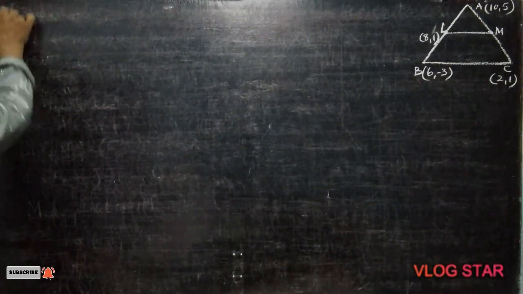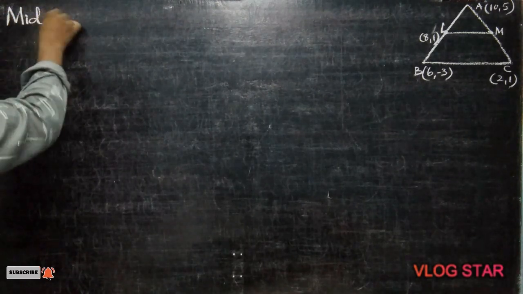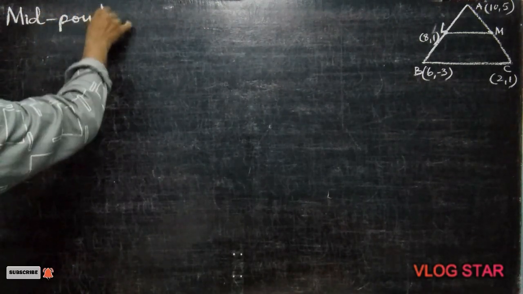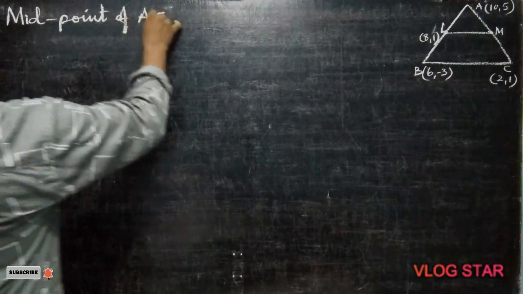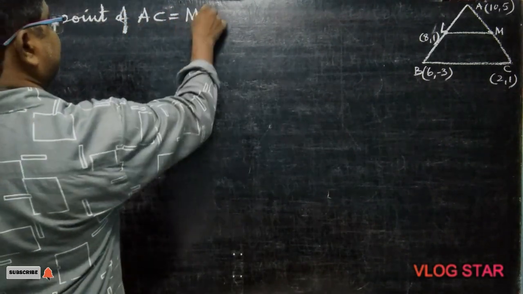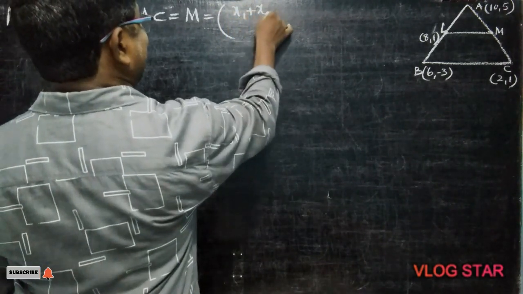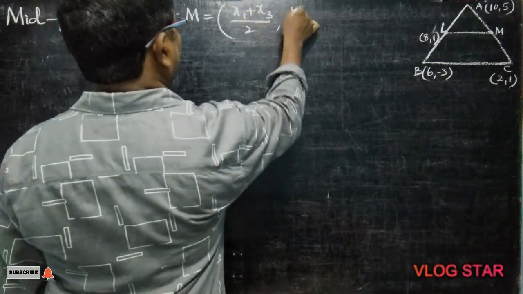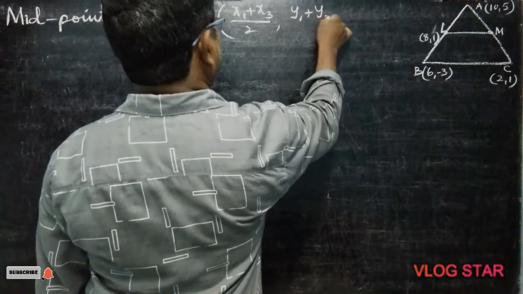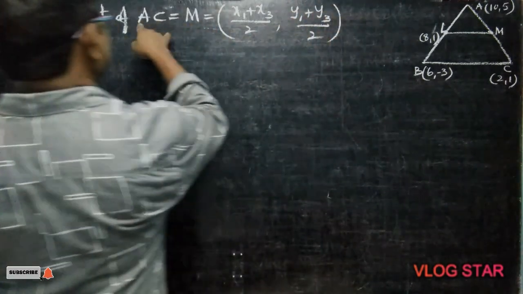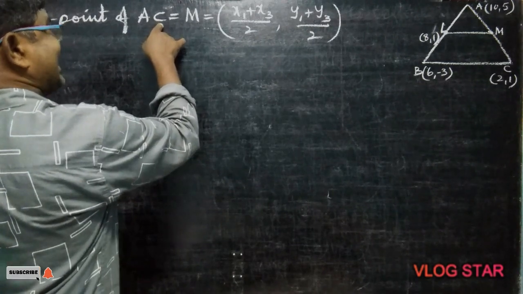Next, the midpoint of AC. Midpoint of AC, that is equal to M. Here ((x1 + x3)/2, (y1 + y3)/2). A we took as x1 y1 and C we took as x3 y3.